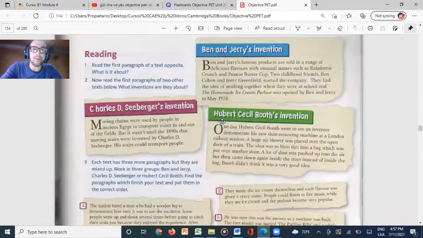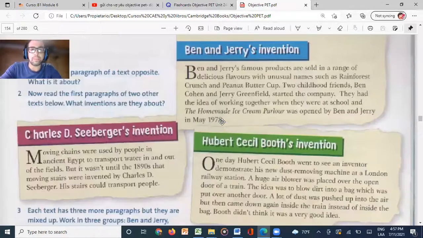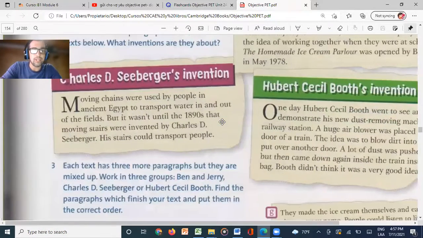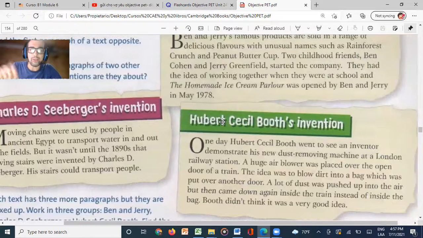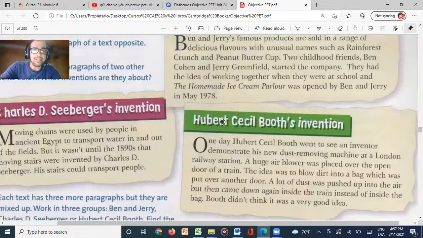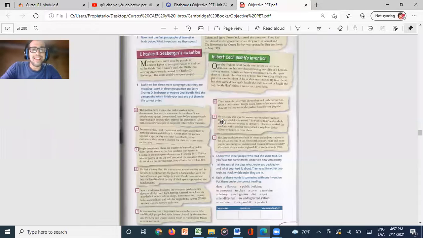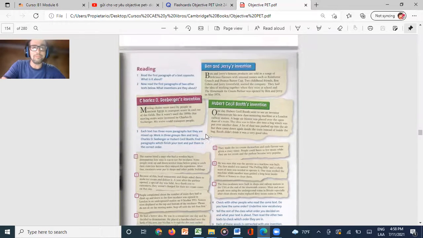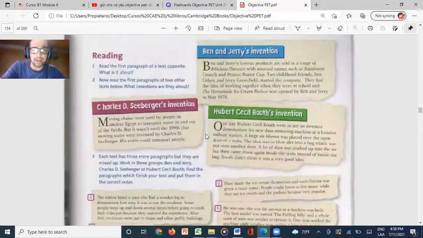So as you can see, we have three different articles: Ben and Jerry's invention, Charles Seberg's invention, and then Hubert Cecil Booth's invention. And then you see here different paragraphs. We have 9 different paragraphs because 3 of these paragraphs belong to some of these other paragraphs.